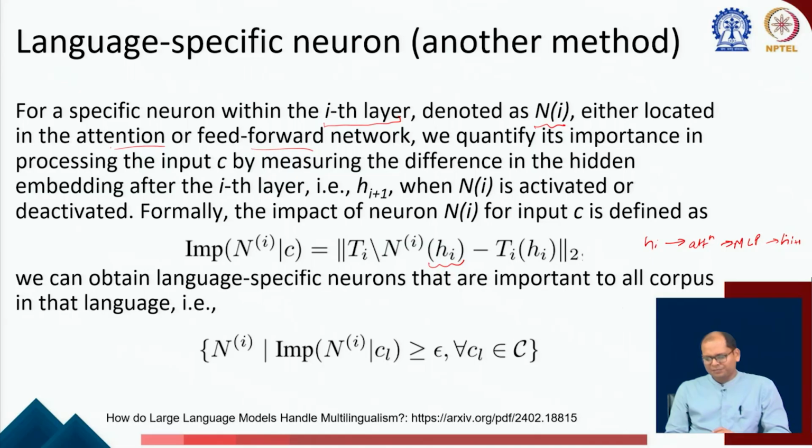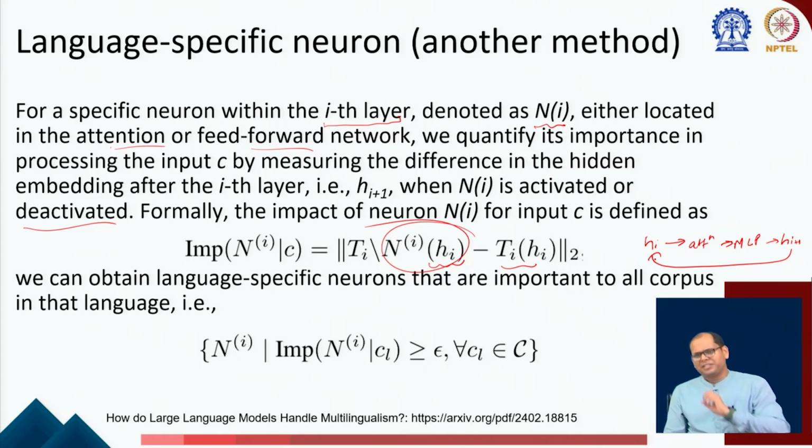So they say my neuron can be either in attention or MLP. I will run my model twice, once by deactivating that neuron, and once normally, and I will find out how Hi plus 1 is different from Hi when I deactivate the neuron.